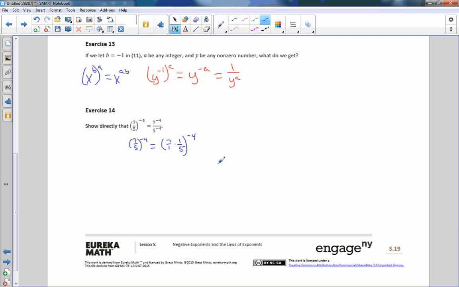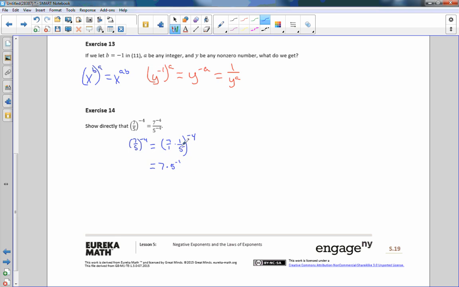Okay, so if I split it up like that, and then flip them, that's going to equal 7 times 5 to the negative 1. I'm just flipping this fraction.